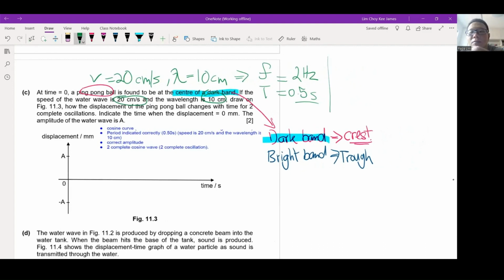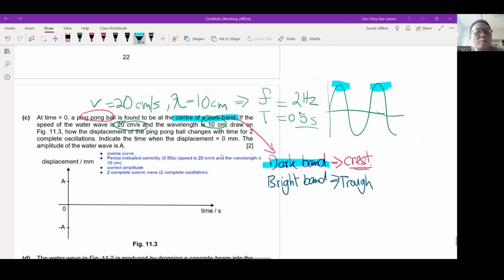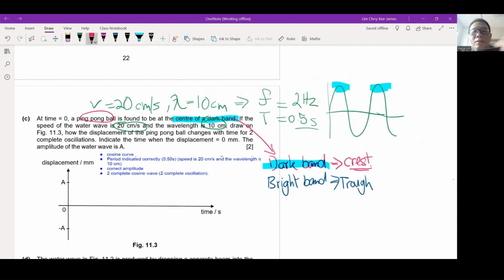Let me look at the waveform. So let's say this is the waveform, the water wave itself. Now take note that at the crest, when your light ray is coming from above, what the light ray actually encounters is this.